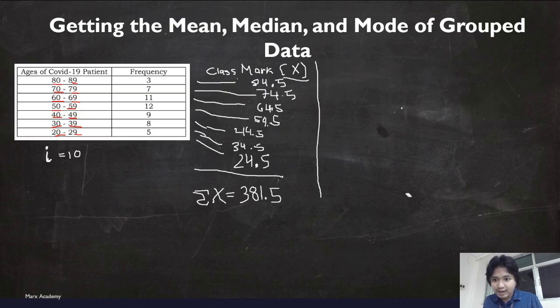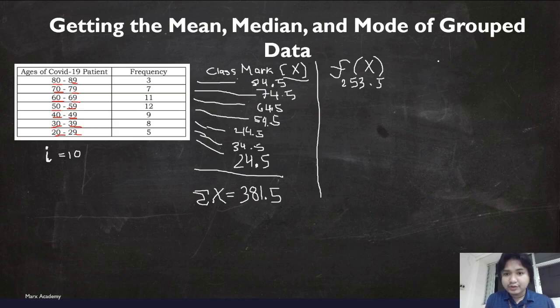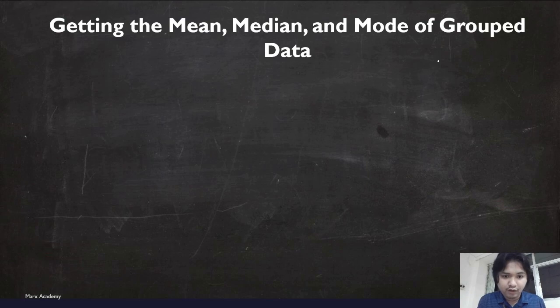Next, we solve for the value of f times X, the frequency multiplied by capital X. We multiply 3 by 84.5, which results in 253.5. To shortcut it, here's the table of all of it.